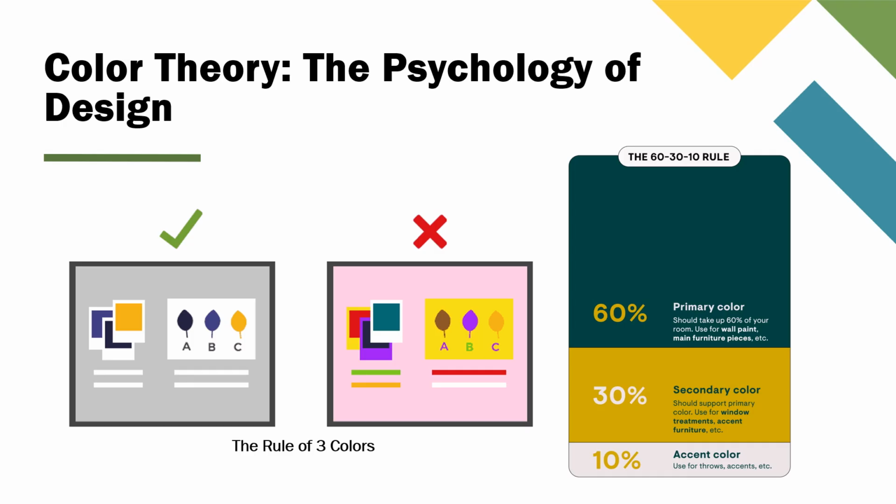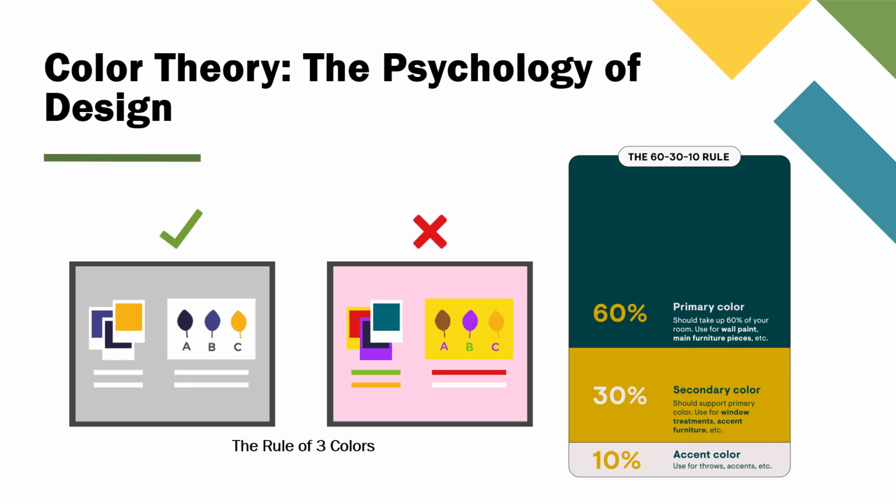Now, how does the three color rule work? Typically, the three colors are assigned specific roles. Going back to the 631, your primary color is going to be that 60%. That's the dominant color used for the backgrounds or large sections.